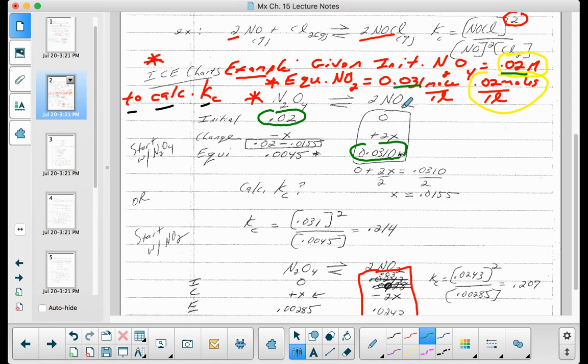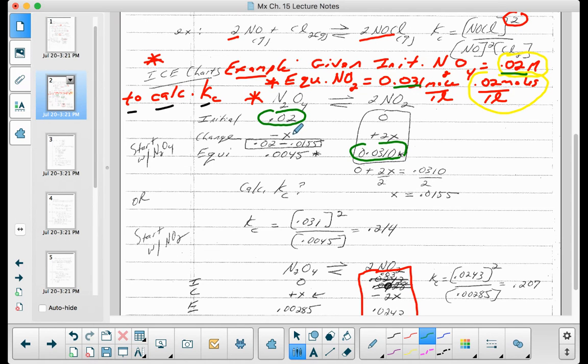So now I look at what I like to call this little simple algebraic equation that's given through this information here. I have 0 to start. It's going to change by 2x, and I'm going to end up with this. Well, how do I know it changes by 2x? I know that as the reaction progresses, this original reactant is going to go down by x.